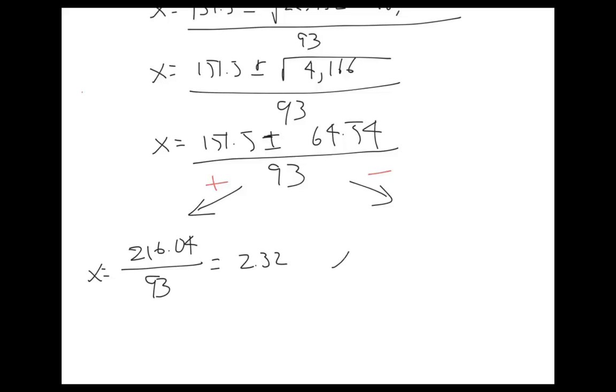The other x, you can find it by subtracting: 151.5 minus 64.54. This will be equal to 86.96 divided by 93, and this x will be equal to 0.935. And here we have the two possible values for x. One will be 2.32, the other one will be 0.935.